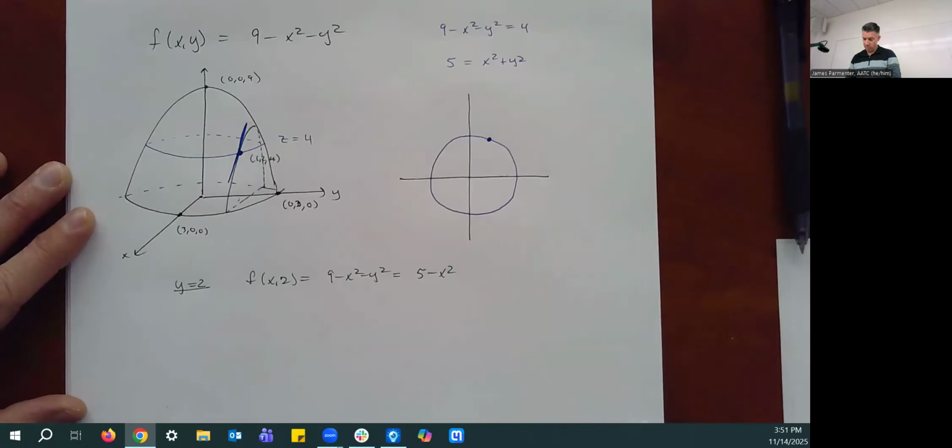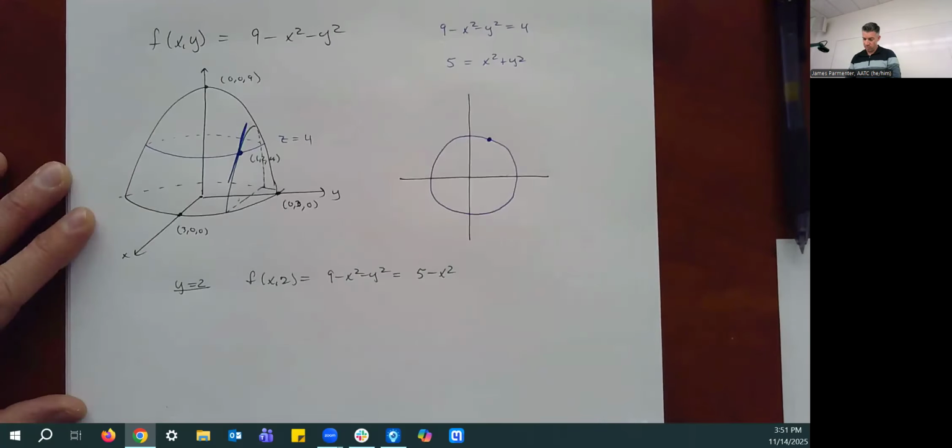As we move from left to right, our partial derivative with respect to y, f_y, is similarly equal to negative 2y. If we plug in our point, f_y evaluated at (1, 2, 4) is negative 2 times the y coordinate, which is 2, which is negative 4. And although my picture might not do a very good job of depicting it, that red line is at a steeper slope than this blue tangent line.